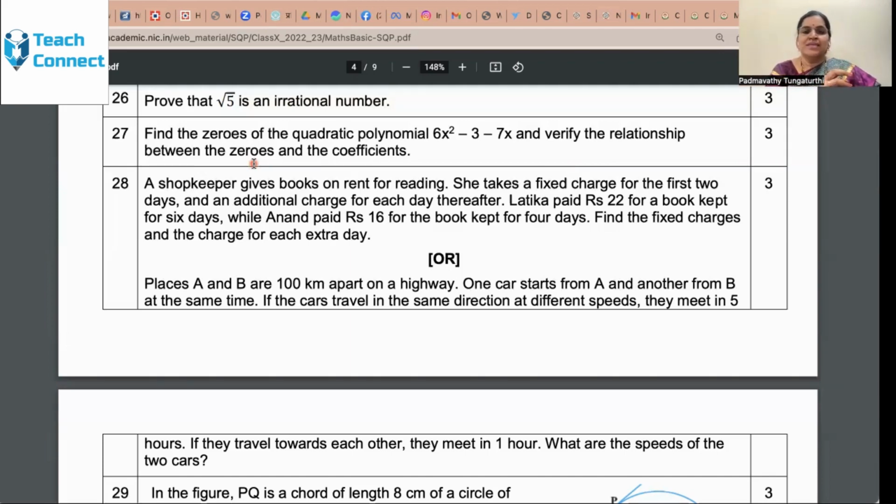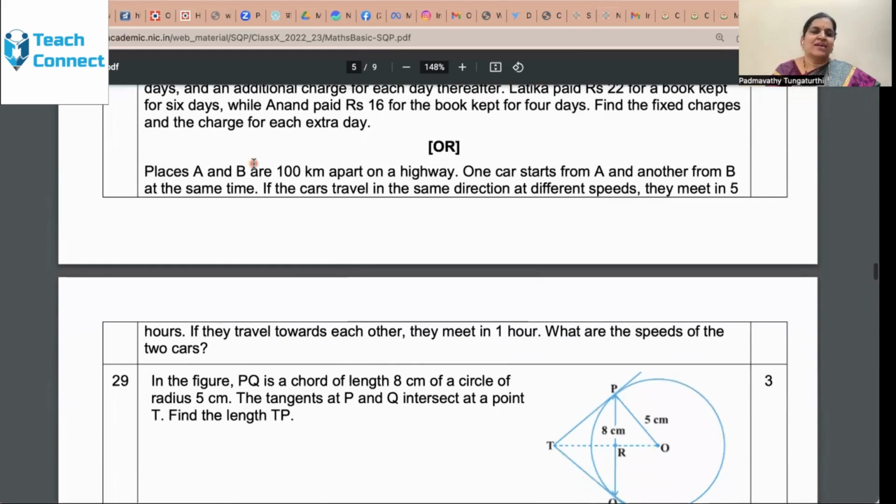In this question number 28, let the child keep the book for a few days, for 4 days, for 6 days, and see for each day how much is charged and what the constant price is. It is easy to solve. Let the child draw the book for every day kept, or let them draw a sun. Make it interesting. Don't make it boring for them to solve the problems every time. Then it is easy for them to find the fixed charge and the charge for the extra day.